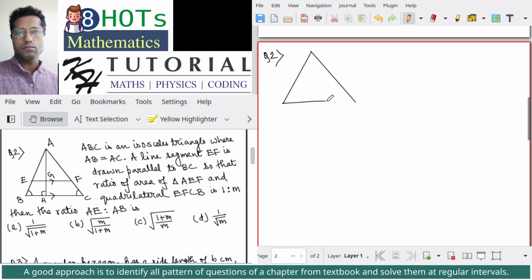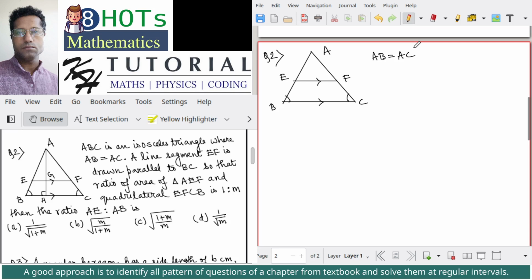We have an isosceles triangle ABC, where EF is some line segment parallel to BC, and we have these two angles equal, that is AB is equal to AC.